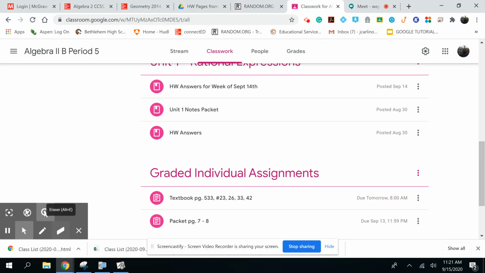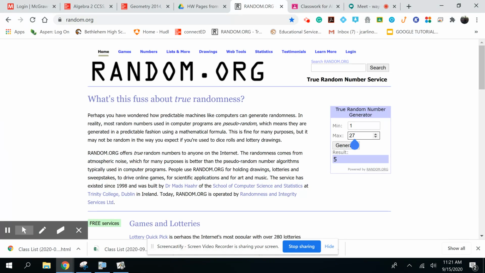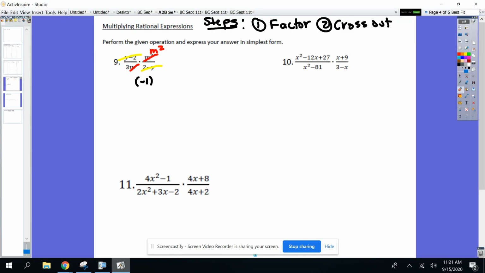Freddie, what's left on top? N squared. Okay, good, so that'll go in the numerator. And what do you see on the bottom that's left?